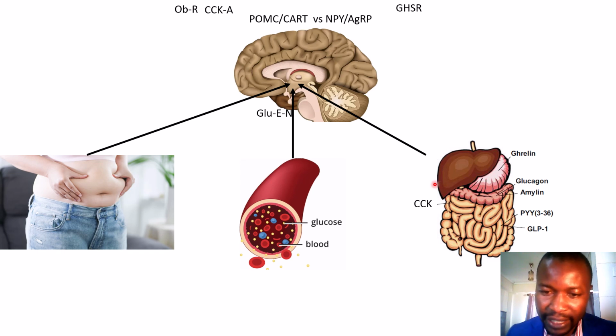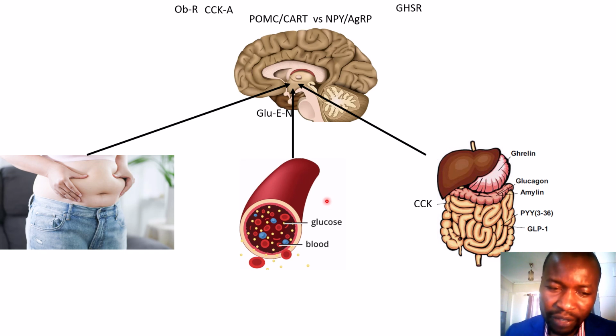One of them is CCK, that is cholecystokinin. We also have GLP and peptide YY. All these are usually made whenever there is food reception in our gut, and they influence our eating.